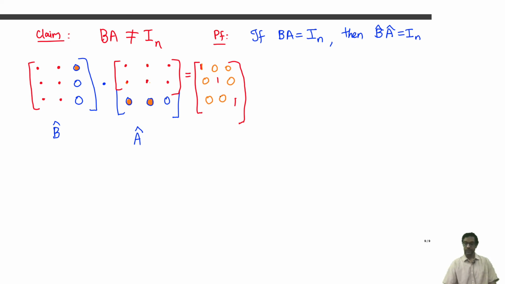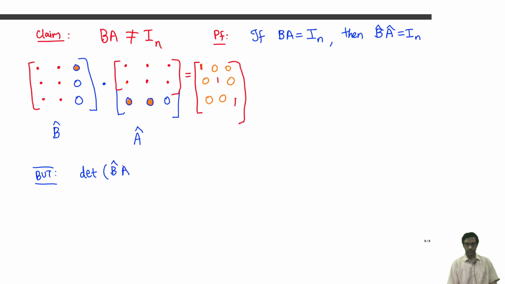So that means that if BA is identity, then the augmented matrices B hat and A hat also give product identity, but observe that both B hat and A hat have determinant 0. Now I am in the square matrix case and I can compute determinants.